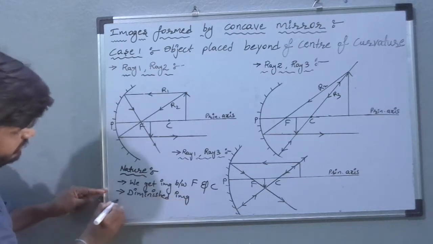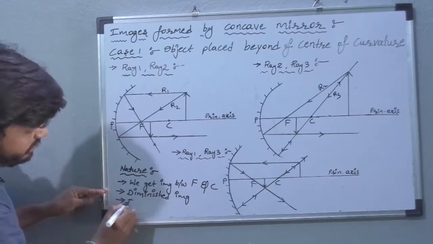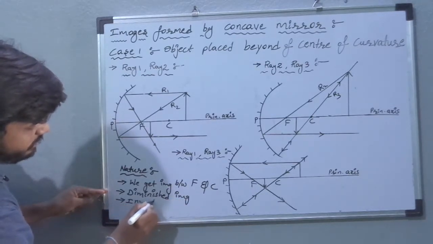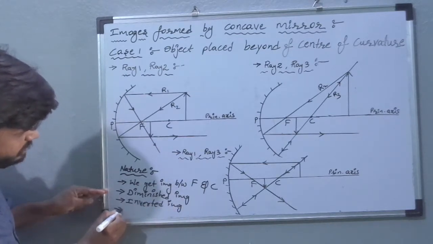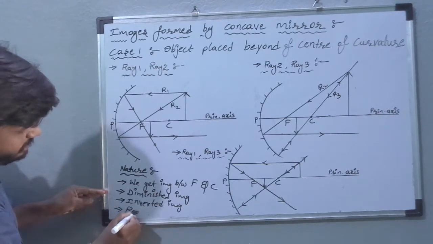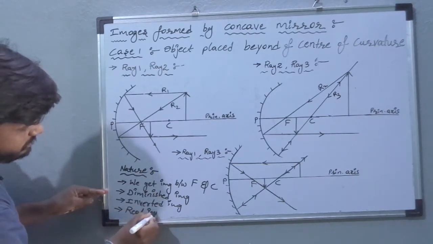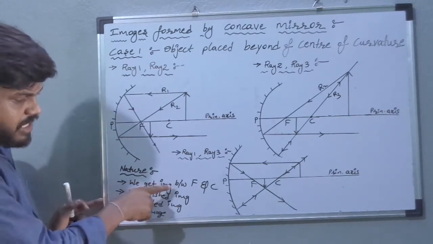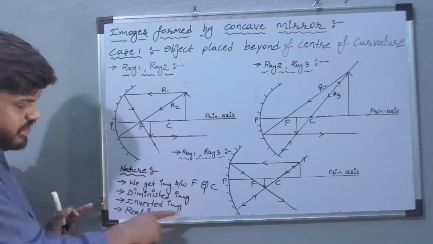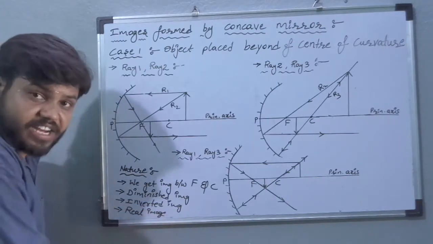And third point is an inverted image. And the fourth point is a real image. Okay. Nature: we get the image between F and C, and it is a diminished image, an inverted image and a real image.